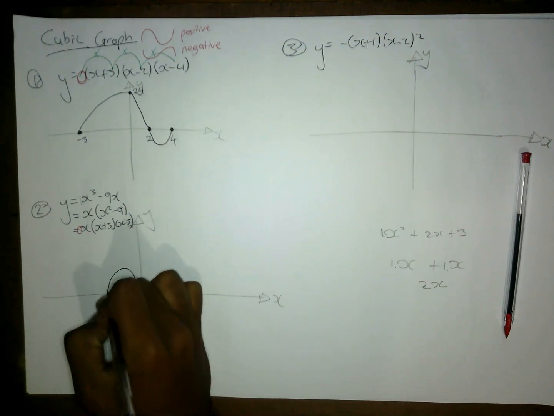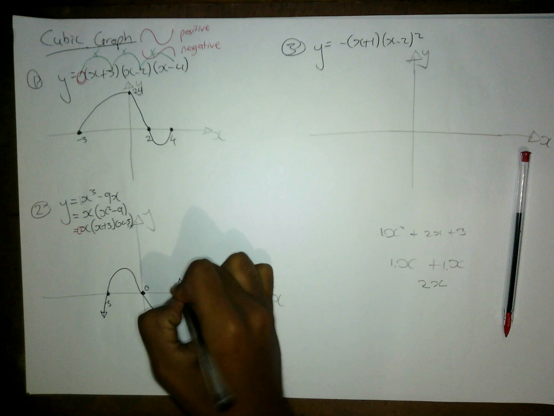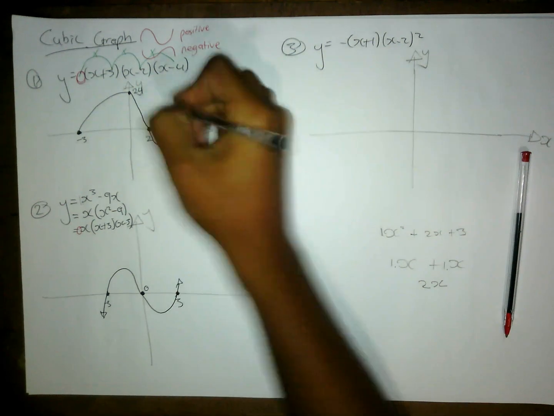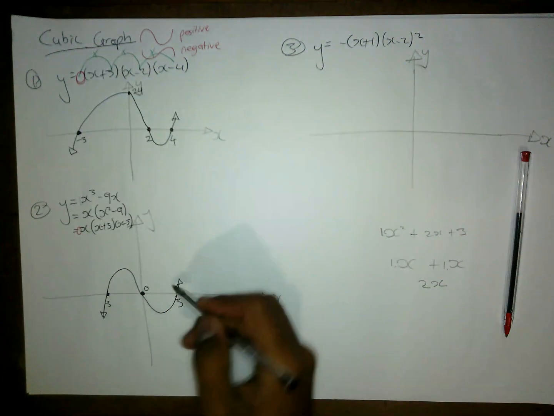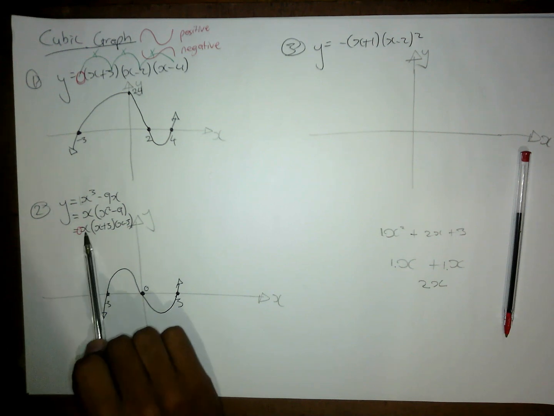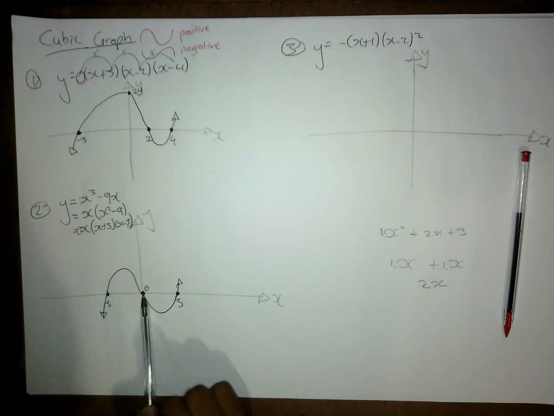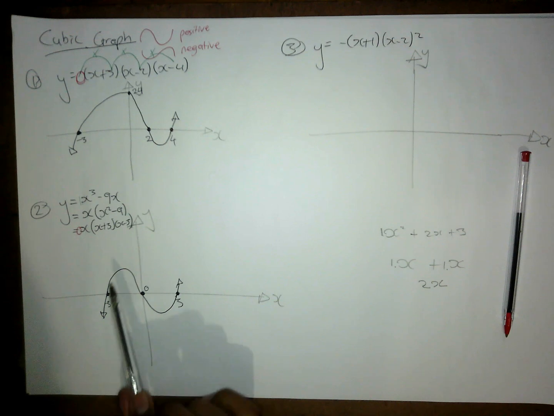It extends further because it's a graph on a Cartesian plane, so it goes forever in the direction it's going. The x equals 0 here puts the graph straight through the origin. That's why there's no y-intercept.